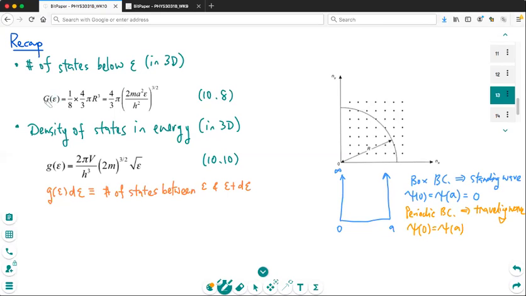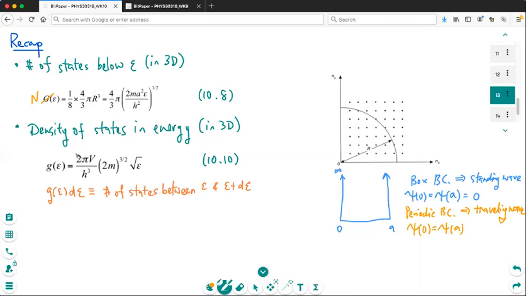In the class, I think I used N, big N. But in the note, I use G, and this G is related to this N, because how do you obtain this density of states in energy? You take the derivative. That's why the symbol G appears here. This N is a number, but not to be confused with the total number of particles in the system. That is why you need to read this carefully.